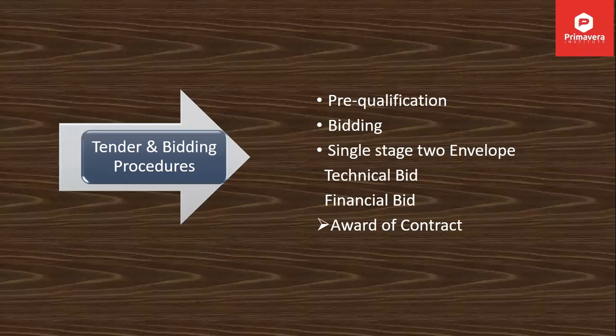Here I'm just touching the overview. At the end, you will finalize the lowest bid among the submissions, and award of contract will be made to one of the contractors or service companies. Once your project is awarded, your initiate phase is done. Your initiate phase belongs to higher level people, senior managers.